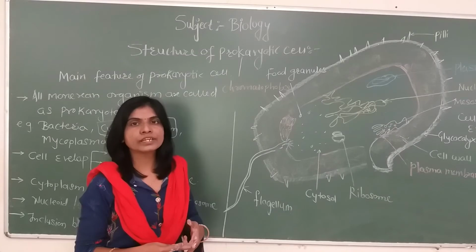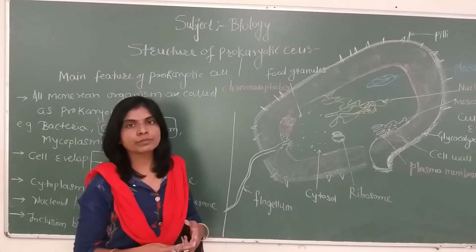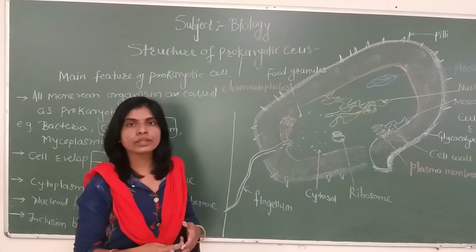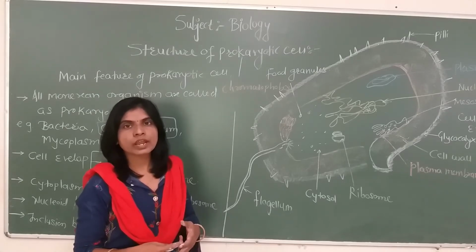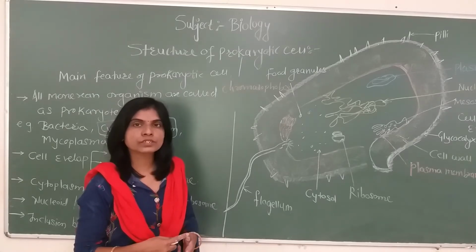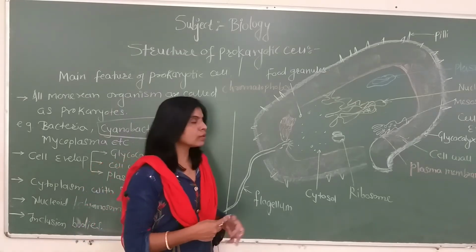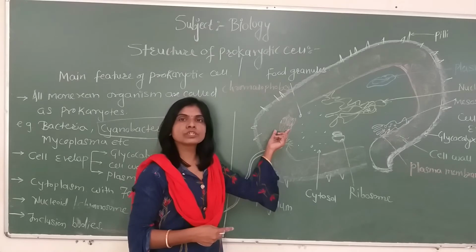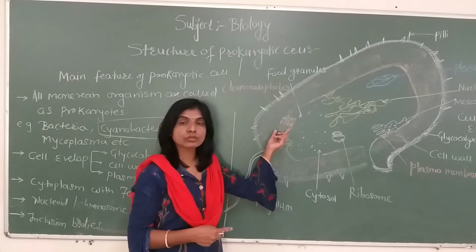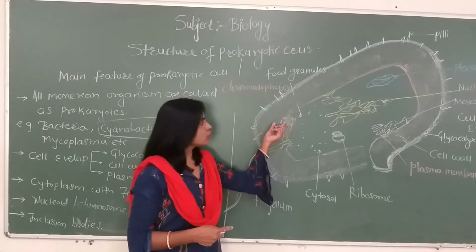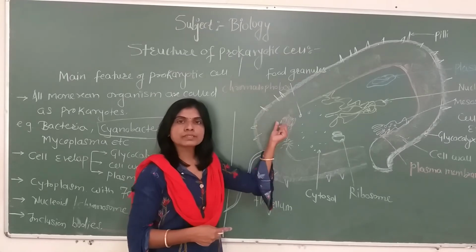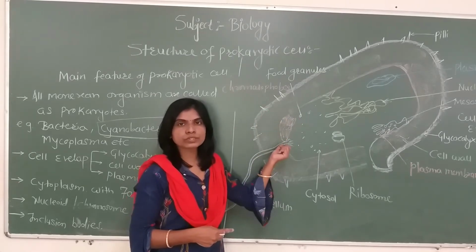The plasma membrane is involved in transportation of content in and out of the cell. It undergoes infolding, becomes mesosomes, and does the process of respiration, oxidizing the food and obtaining energy. And in autotrophic prokaryotes, when the plasma membrane undergoes infolding, it develops cisternae, plates or tubules having photosynthetic pigment, trap the sunlight, and do the process of photosynthesis.